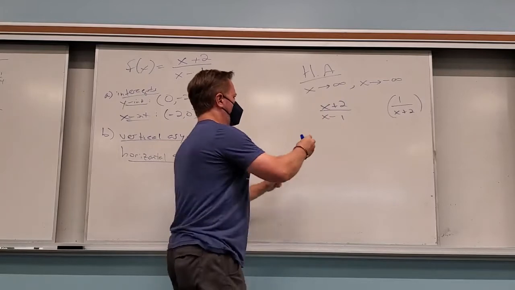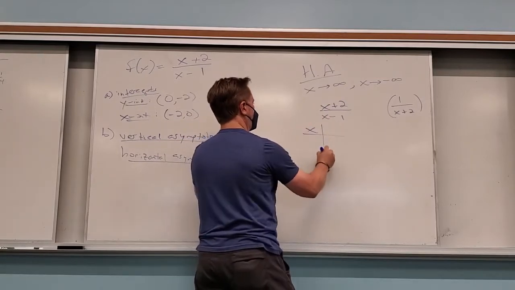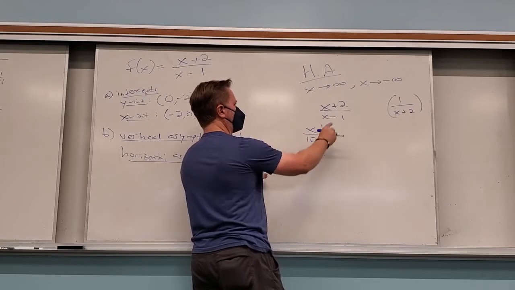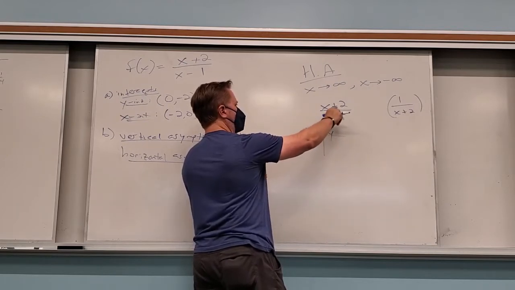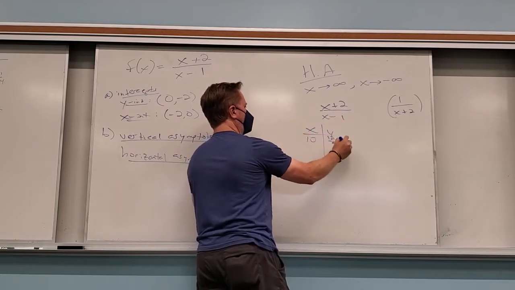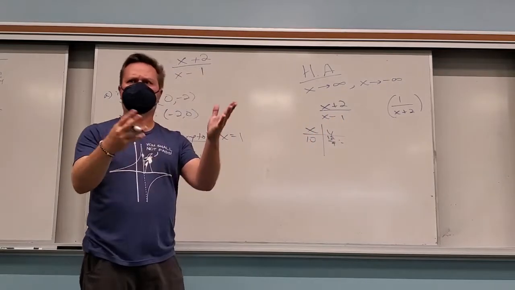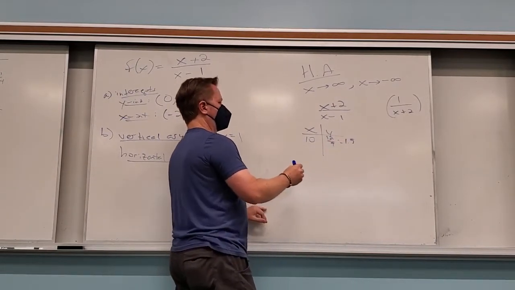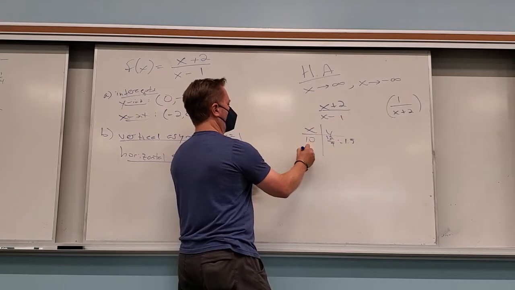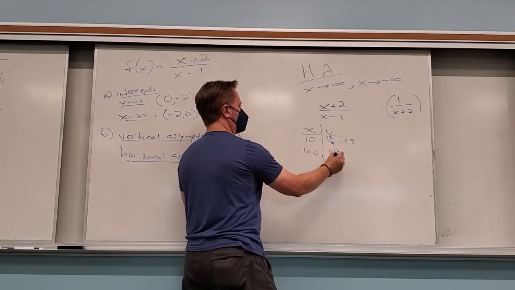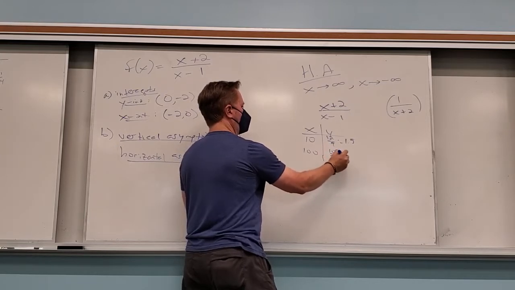Let's try this. If I put a 10 in there, what do I get? 12 over 9, which is 1.3333. What if I put 100 in there? 102 over 99.